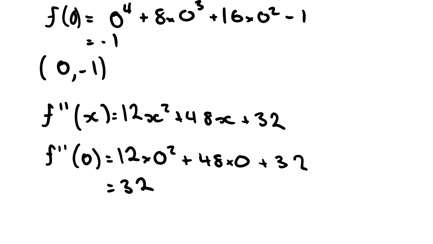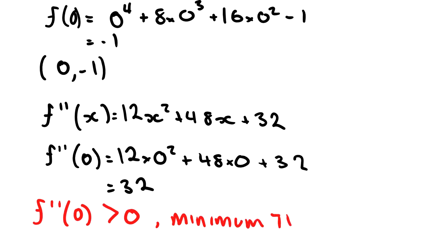Because our second derivative is greater than 0, we know we have a minimum turning point. If you don't remember these, you can always go back in the video, or look at your notes, to see how to determine what a minimum and a maximum turning point is. If it's bigger than 0, minimum; less than 0, maximum.